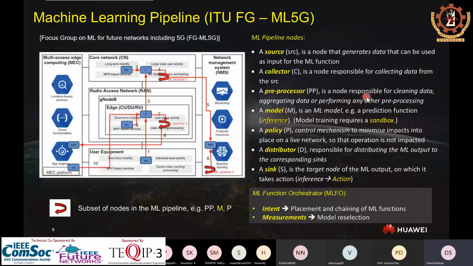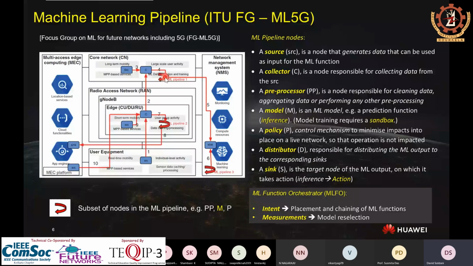passed to the model. The model is, in this particular case, as you see on the slide here, represented by this arrow, and may consist of the model, or you may think of embedding the model, the pre-processing function, as well as the policy function together. But in this case, this representation is of the inference algorithm, because the model itself has to be trained in a sandbox.